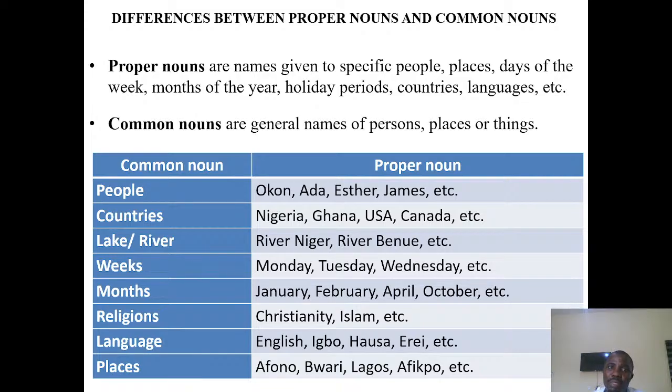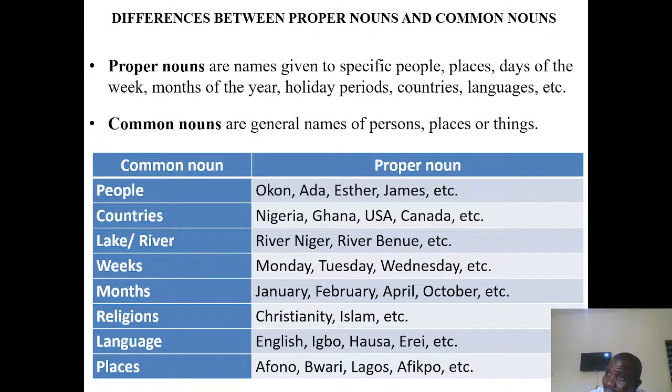In terms of proper noun, specific people: Uche, one person; John, Okafor, Emeka, Ada. So that is just that. In terms of a place, Onitsha, the word Onitsha is a proper noun, a name given to one particular place.